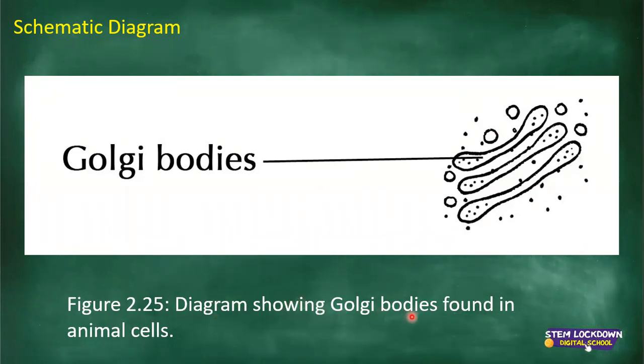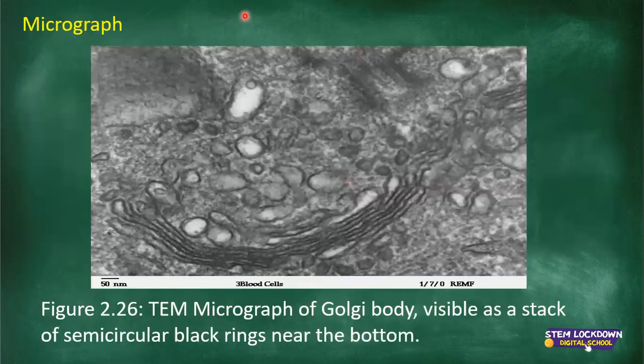This is a diagram showing Golgi bodies found in animal cells. There's your Golgi body. You see those stacks? They are the stacks here, the cisternae. These are the stacks. Stacks because they are stacked together. That's why we say it like that. So they are Golgi bodies. This is the micrograph. Remember micrograph?